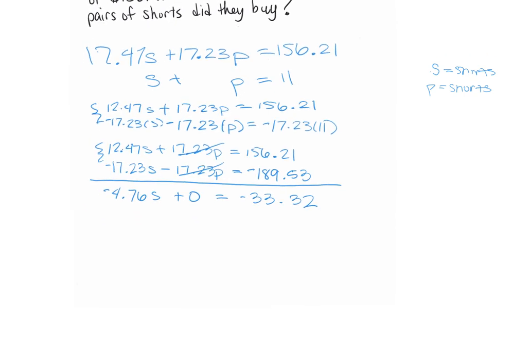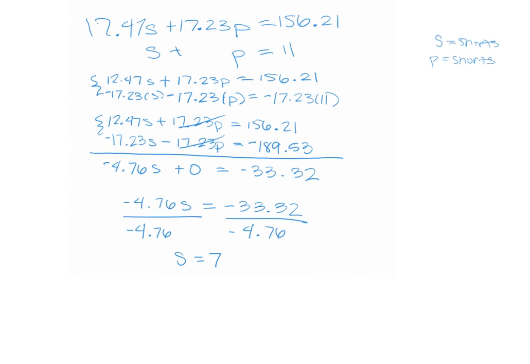We'll be done in a minute. And then now you have negative 4.76 S equals negative 33.32, and then you divide by negative 4.76 on both sides, and then you get S equals 7. And when you plug that into the second equation, you get P equals 11 minus 7, which is equal to 4.